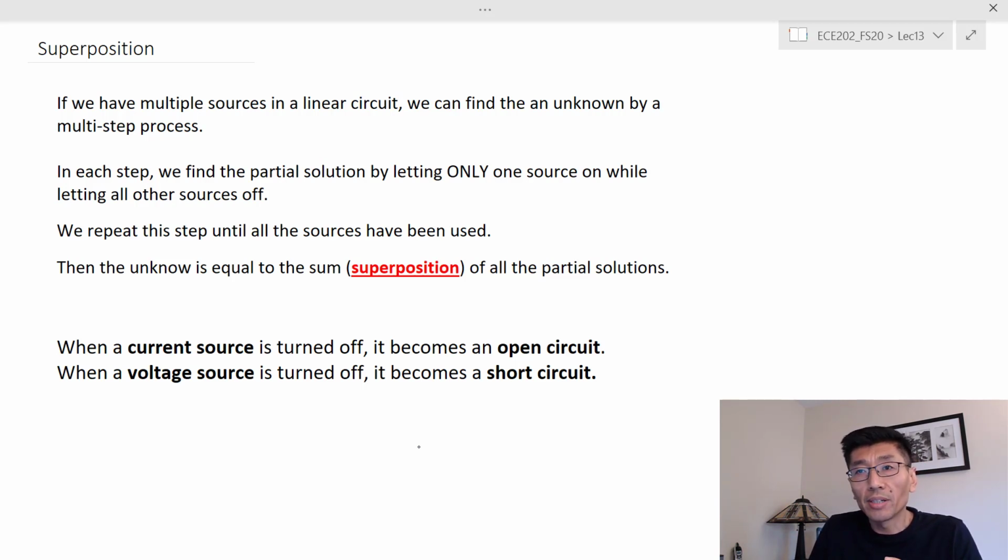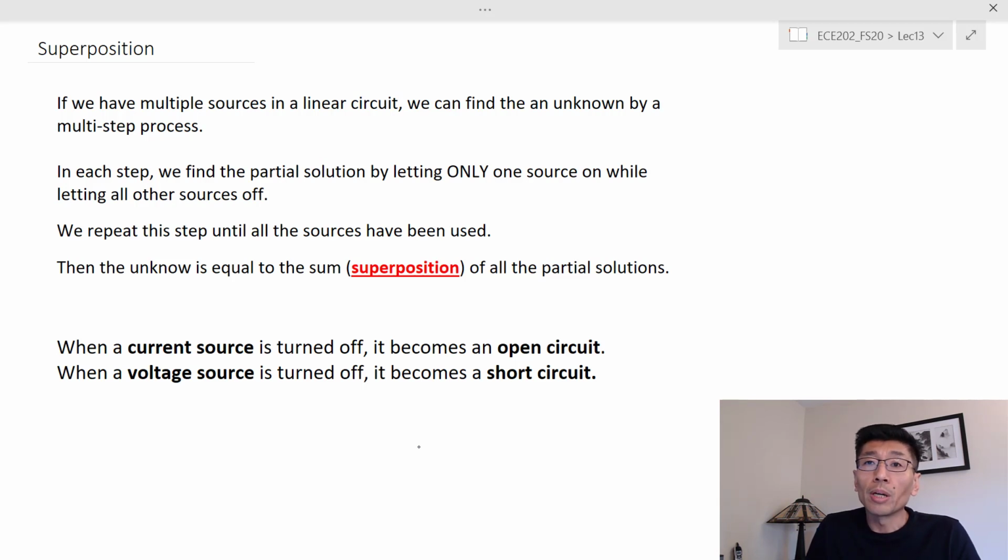And this is different from shorting the voltage source. We're not shorting the voltage source. I think I got the question from students saying, in the practical world, do we short circuit the voltage source? No, we don't. Not even in the academic world either.